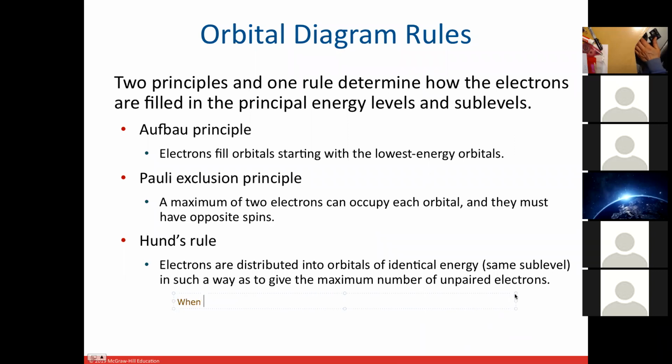So when filling orbitals of the same energy, electrons are put in, quote, singly first, then, quote, doubly. So before I pair them up, I'm going to put them in adjacent orbitals if they have the same energy. That's essentially Hund's rule.